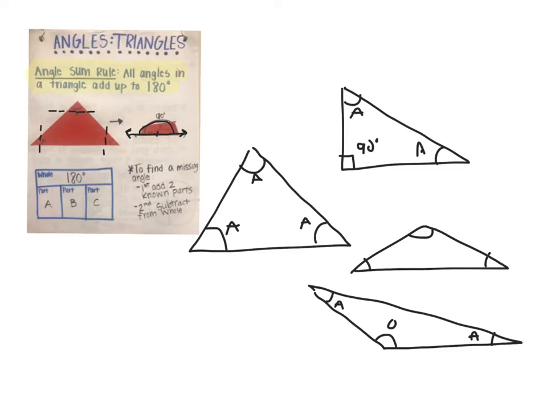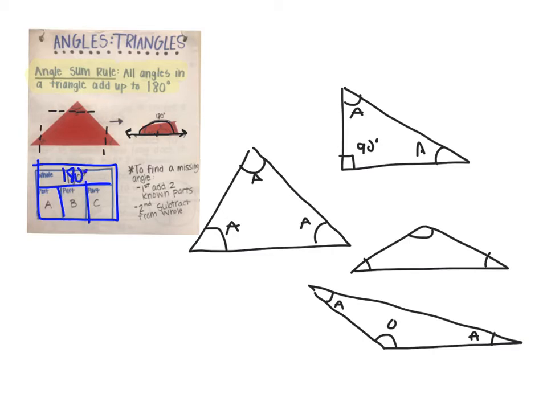So one way that we can solve missing angles in triangles is to use this part-whole chart, similar to what we've been using, because we know that every single triangle has 3 angles. So our 3 angles are going to be our 3 parts, and our whole is always going to be 180 degrees.